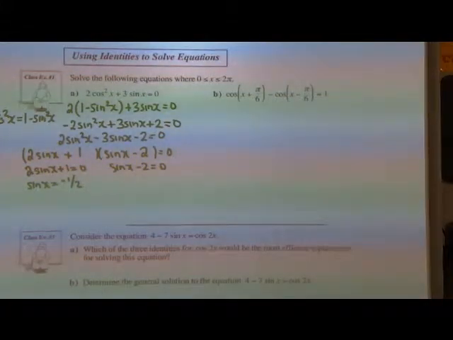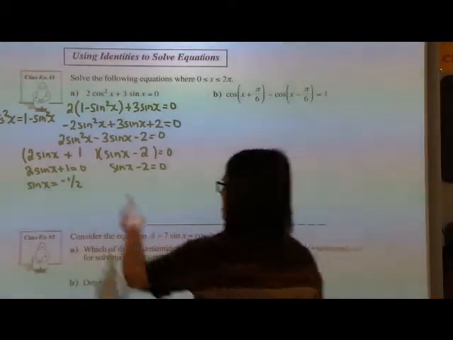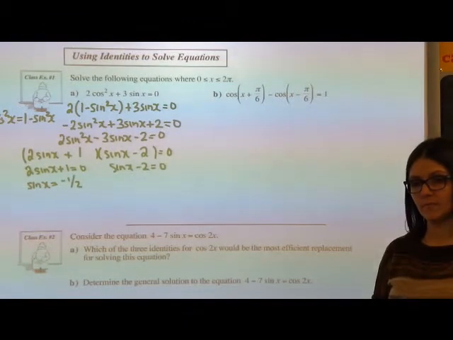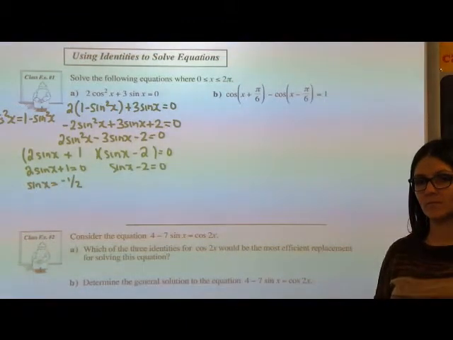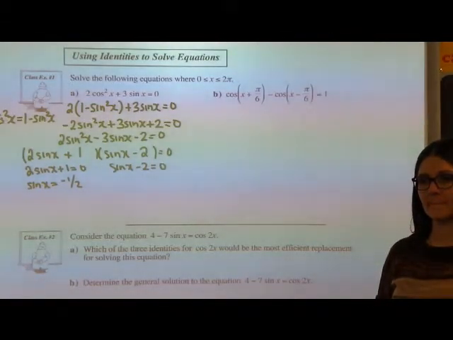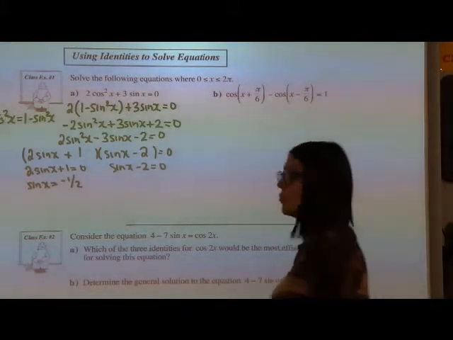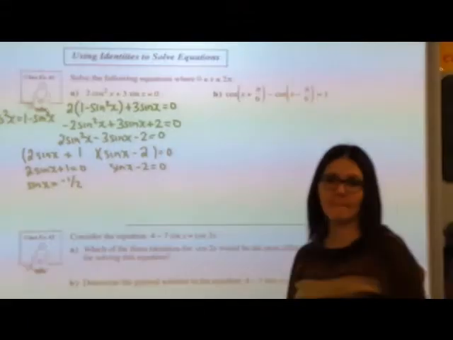And then we're right back at the point where we've gone through these already. So to solve sine x equals negative 1/2, what do I need to do? Inverse of sine, and when I do inverse of sine, what do I get?